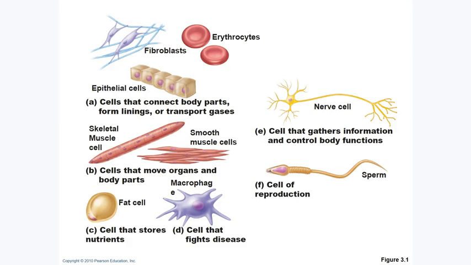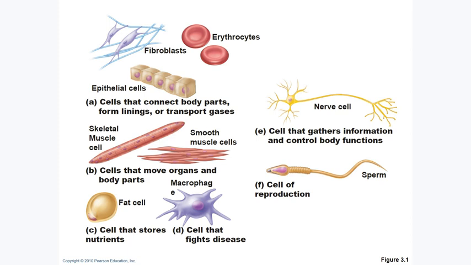So we have erythrocytes or red blood cells, and you can see that they're circular with a divot in the middle, and that divot is to carry oxygen molecules throughout the body. We've got fibroblasts, which are long and spindly, holding things together, epithelial cells that connect body parts and linings.